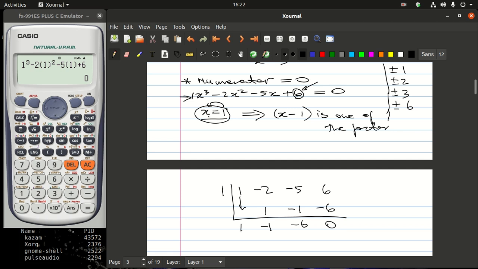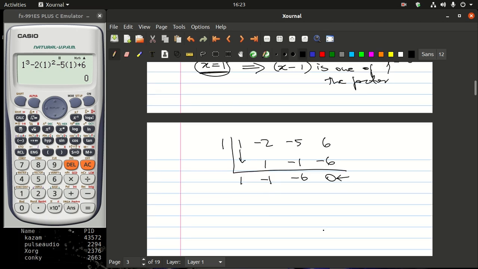Take note that if x equal to 1 was not one of the solutions of this equation, then here we would not have a 0, we would have some remainder. In this case, since we have a 0, x equal to 1 is one of the solutions. It means we have x minus 1 as one of the factors, and the other part is this part here.